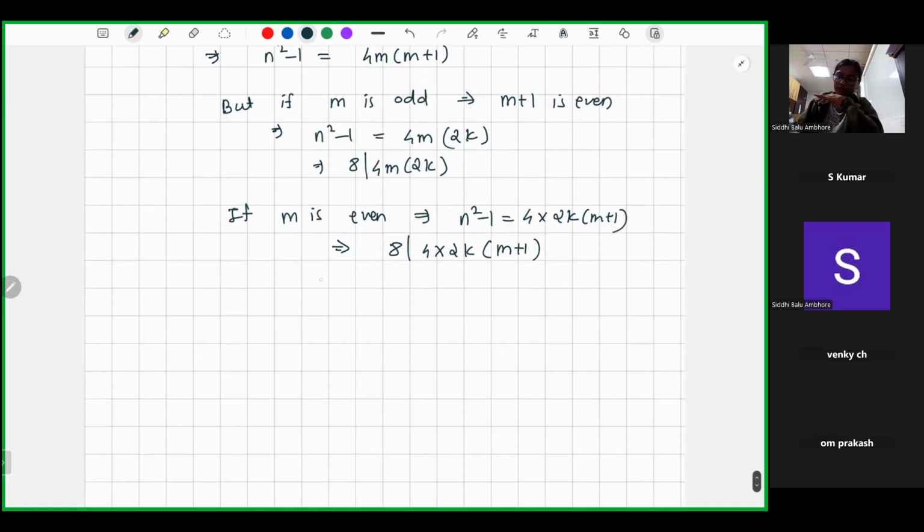So therefore, in either case, 8 divides n square minus 1, where n is odd.